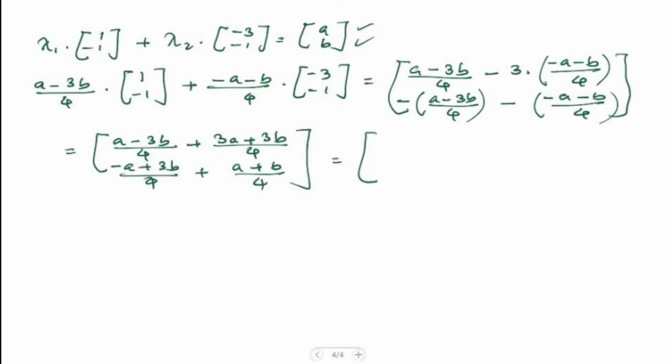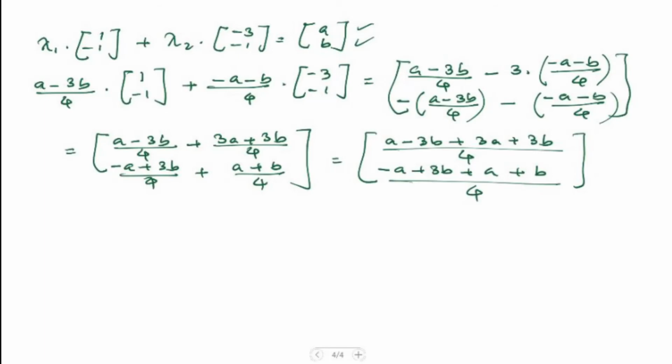Now if you add it up, you have the same denominator, so you can just add up the numerators. A minus 3b plus 3a plus 3b divided by 4, and down you have minus a plus 3b plus a plus b divided by 4. So minus 3b and plus 3b cancels here, and here we have minus a and plus a that cancels.